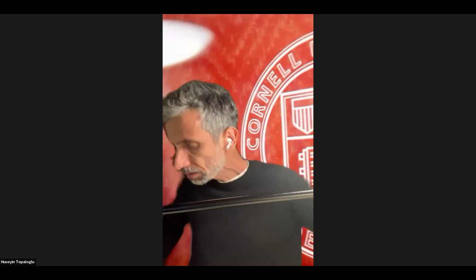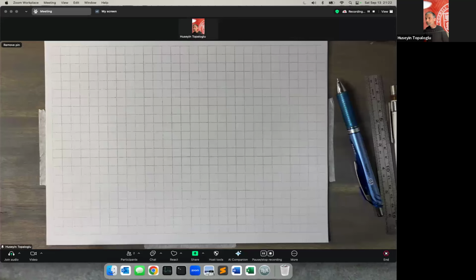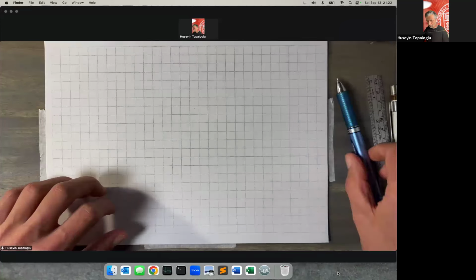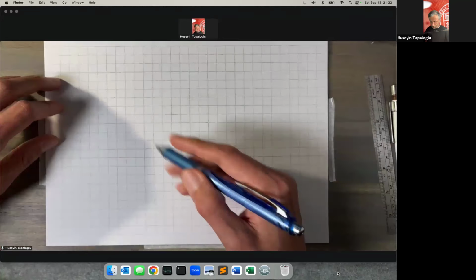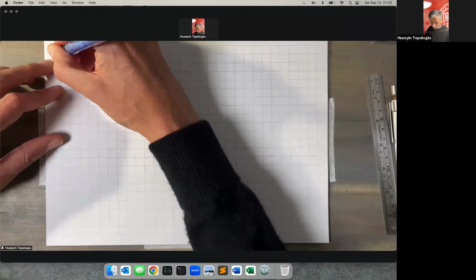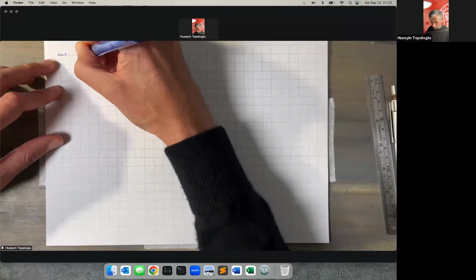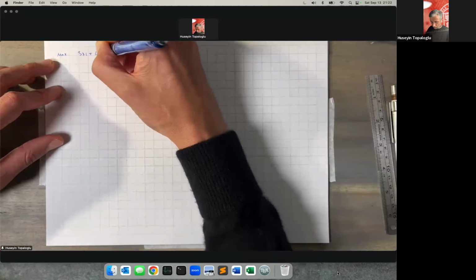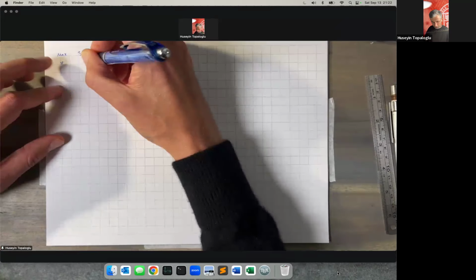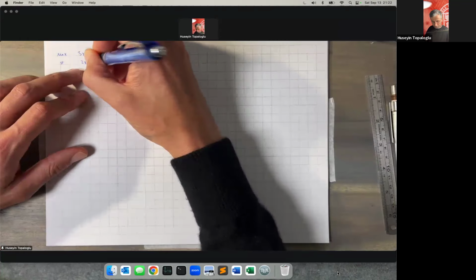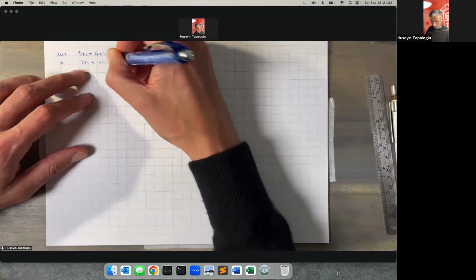Okay, so let's go ahead and design an algorithm that is going to allow us to solve arbitrarily large linear programs. Okay, so let's take a linear program. Let's take a linear program that looks like this. Maximize 3x1 plus 4x2, subject to a bunch of inequality constraints.